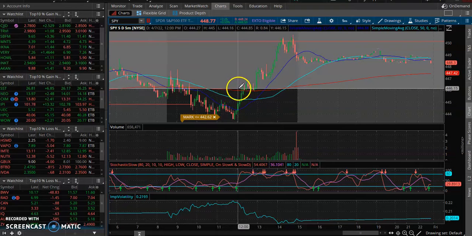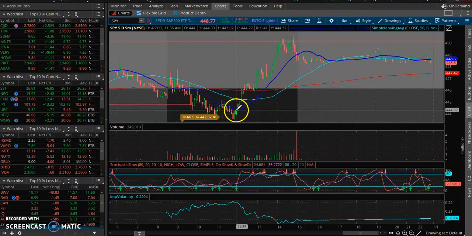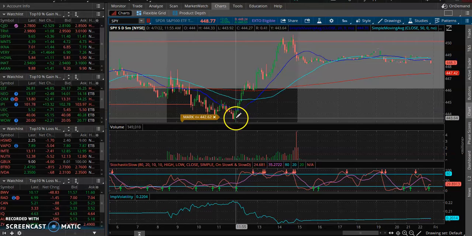we were at 446 with lots of resistance, mind you. No, we weren't. At 11:50, we were at 443. Look at this.